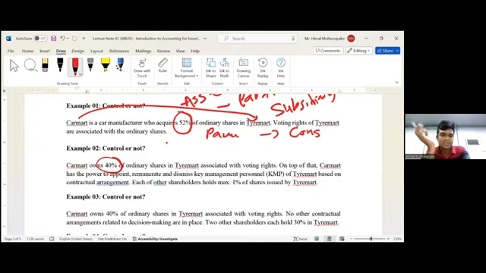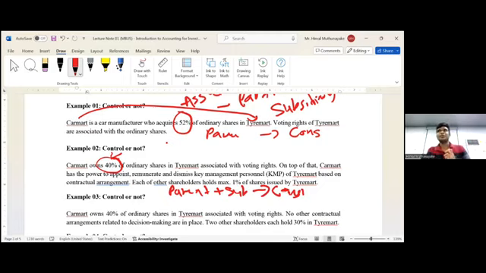And other shareholders hold a maximum of 1% of shares. So even though you only have 40%, you have control by the agreement, right? Therefore, this company also has a parent subsidiary relationship. That means you need to prepare the consolidated accounts.